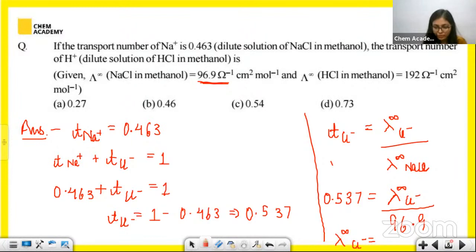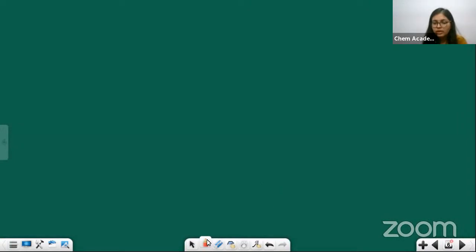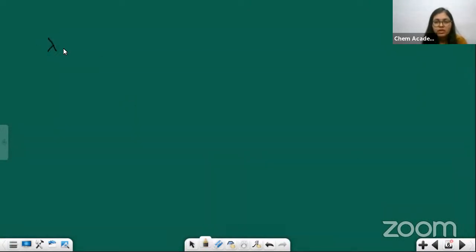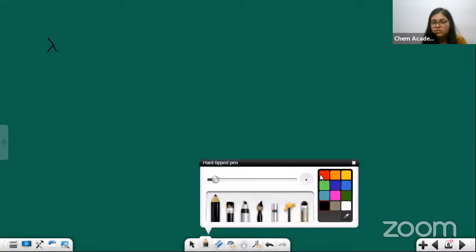0.537 into 96.9. So it will come out to be 52.03. All right. Now that we have gotten the limiting molar conductance for Cl, I will switch the pens.